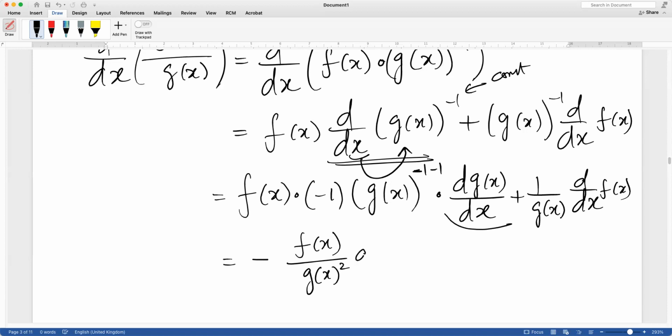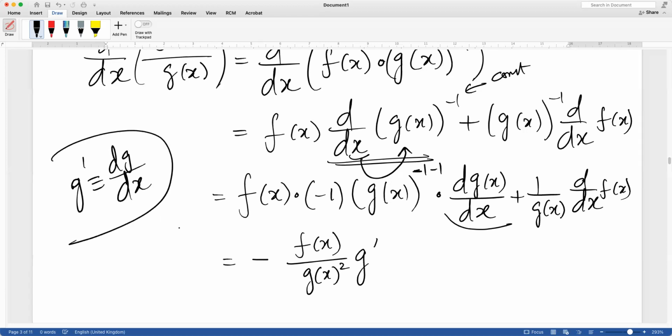There is another form to write this as g prime. g prime is defined as dg by whatever variable we are interested in. It could be x or y or z, but it is a differentiation with respect to the variable g depends on. So plus 1 over g of x times f prime.